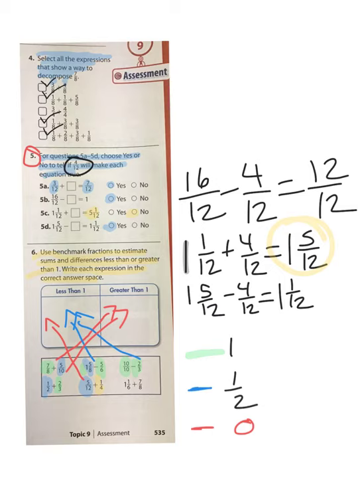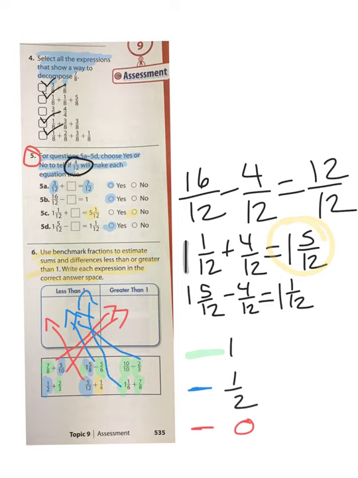And then our last one, we have 1 and 1/6, which would be closer to 1. Plus, I should have highlighted that. This one should be closer to 1. Plus 1 whole, which would also be closer to 1. So we're going to end up with a very small number. So this one is also going to be less than 1.